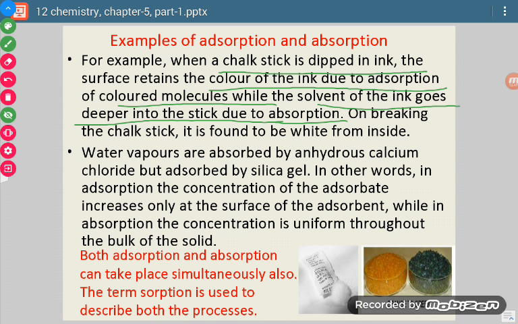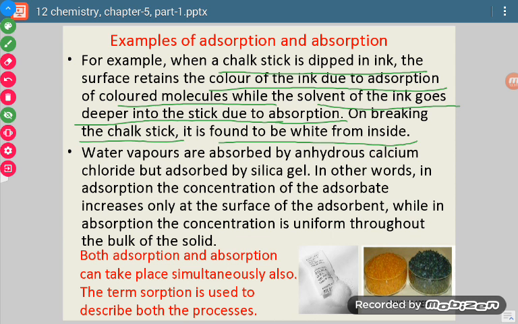So if we break the chalk stick, we will find that it is white from inside and its sides are colorful. The sides are colorful because of adsorption of dye, and deep inside it will be wet. It is wet from inside because of absorption of solvent molecules.